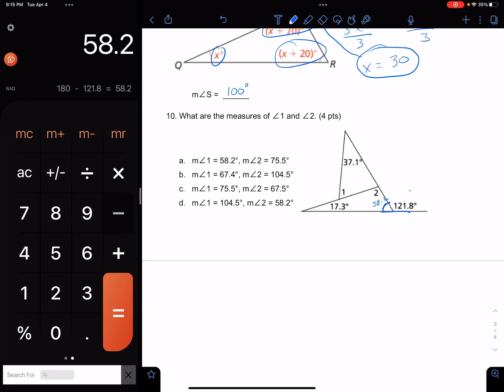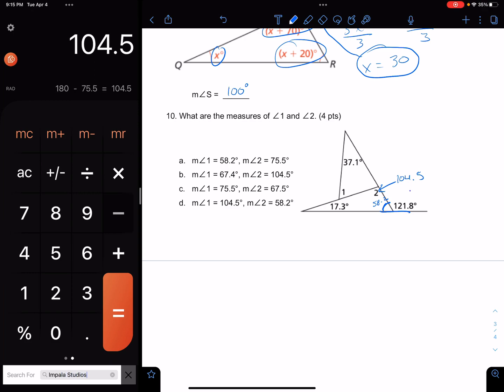Okay, then remember you have to add 17.3 plus 58.2 equals 75.5. So I do 180 minus 75.5, and angle 2 is going to be 104.5.